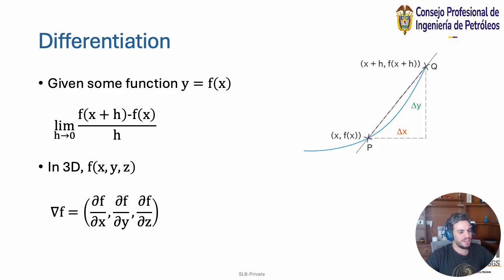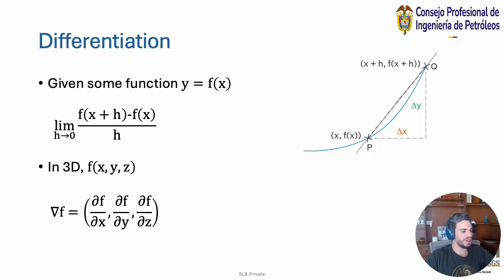So we extend differentiation from one-dimensional derivatives to partial derivatives on a two-dimensional or three-dimensional plane, which give us gradients, which is another word for derivatives or differentiation, and directional rates of change, right? This is extremely important. And these derivatives become the building blocks for fluid flow equations.